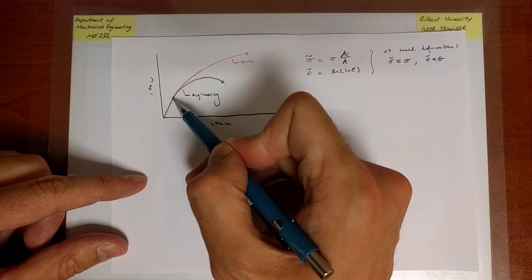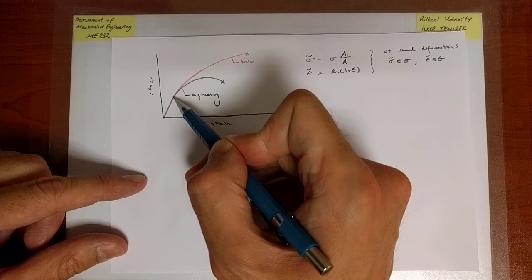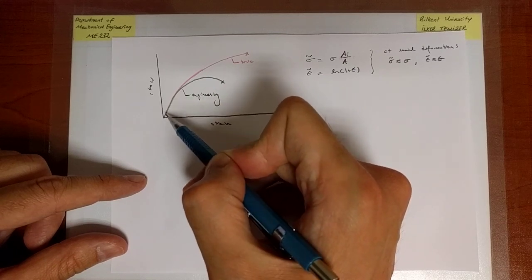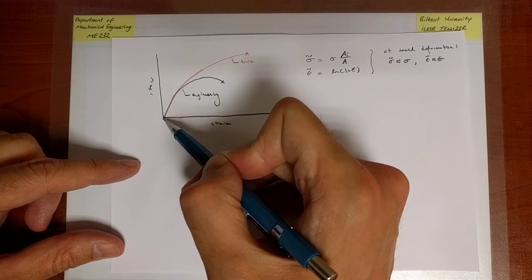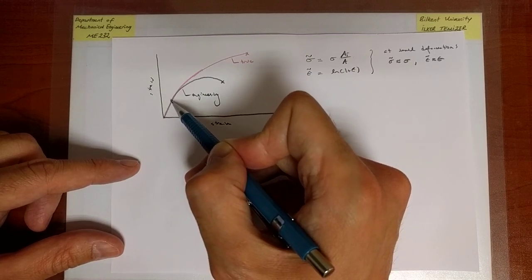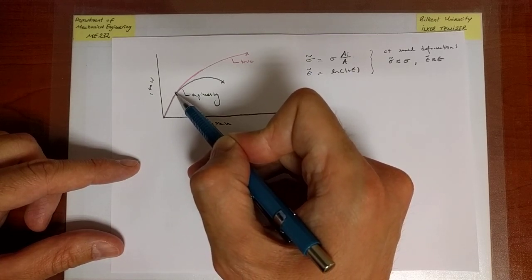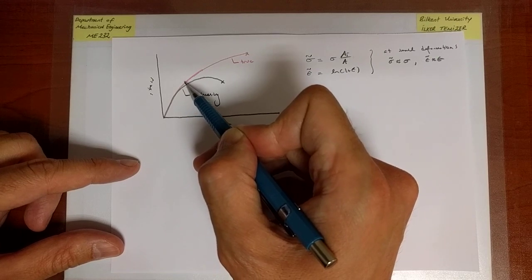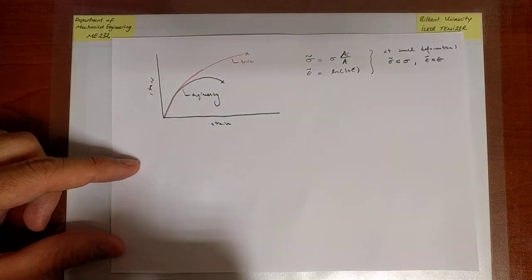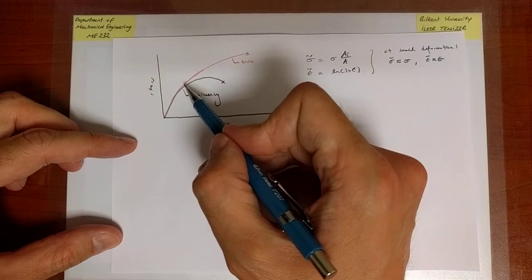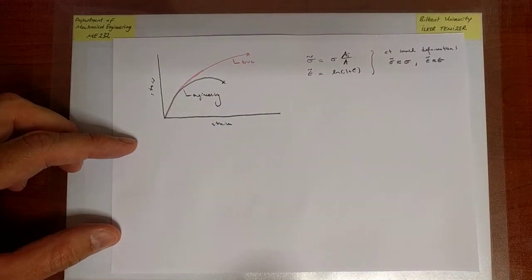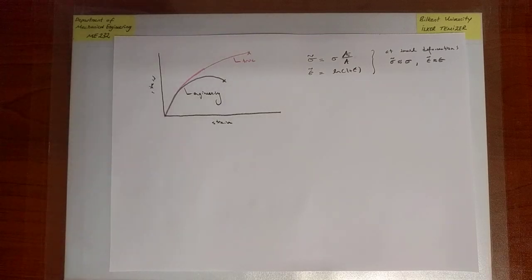Certainly in the elastic region, remember this is an idealized plot. This curve should be a lot steeper in the elastic region. In the elastic region, deformations are small, strain is very small, and therefore the two lines are very, very close to each other. When plasticity starts to become appreciable, then deformations are significant, the specimen starts to deform a lot, and eventually the two curves will significantly deviate from each other.